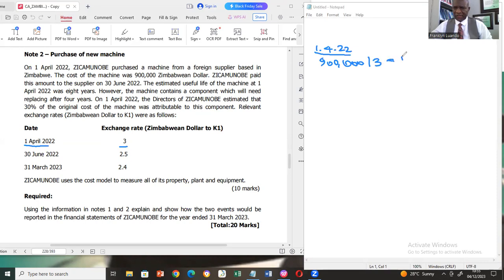This will give us 300,000 kwacha. The journal entry will be: debit machinery with 300,000 kwacha, credit accounts payable, because we have not yet settled.